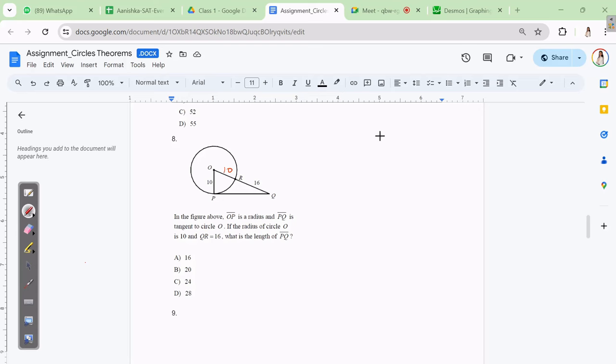Yeah, I did 26 squared plus. Oh, that's a hypotenuse. Never mind. Yeah, you do minus 10 squared. Oh yeah, see.